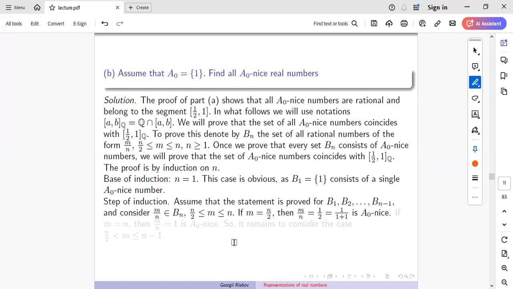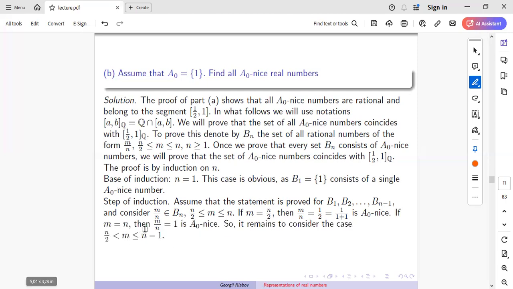Now, the step of induction. Assume the statement is proved for B1 until Bn minus 1, and consider a rational number from Bn. It is of the form m divided by n, where m is at least n over 2 and at most n. Assume that m is equal to n over 2. Then it is just 1/2, and we know that it is A0 nice.